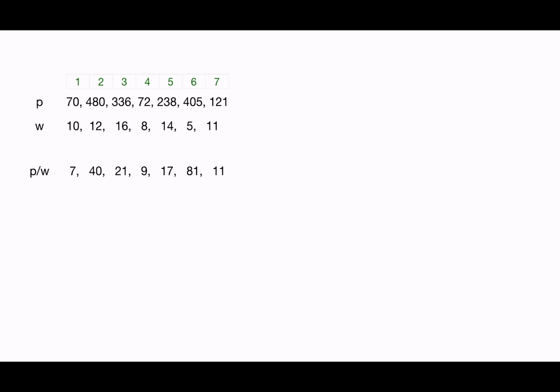So the very first item that we are going to add into our knapsack is the item number 6. Its price is 405 and weight is 5. Now let's calculate the remaining weight. 50 minus 5, which gives us 45. Now next most valuable item is item number 2 because the profit per weight ratio is 40 for it.